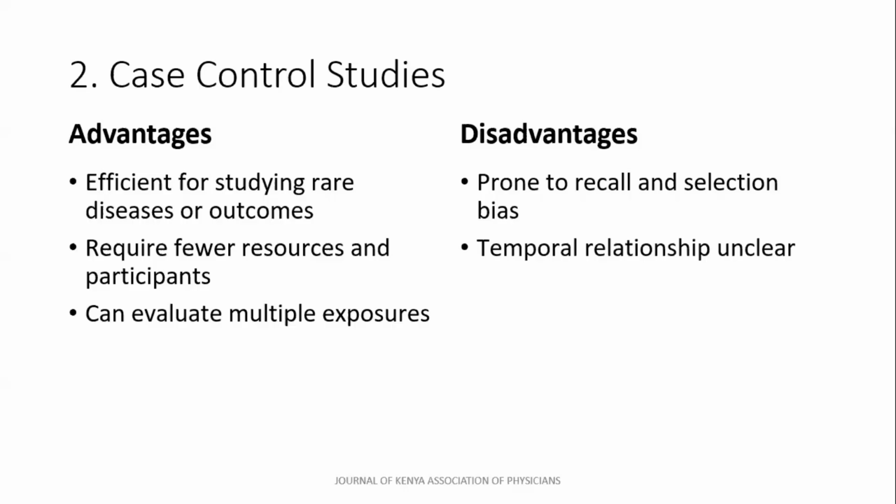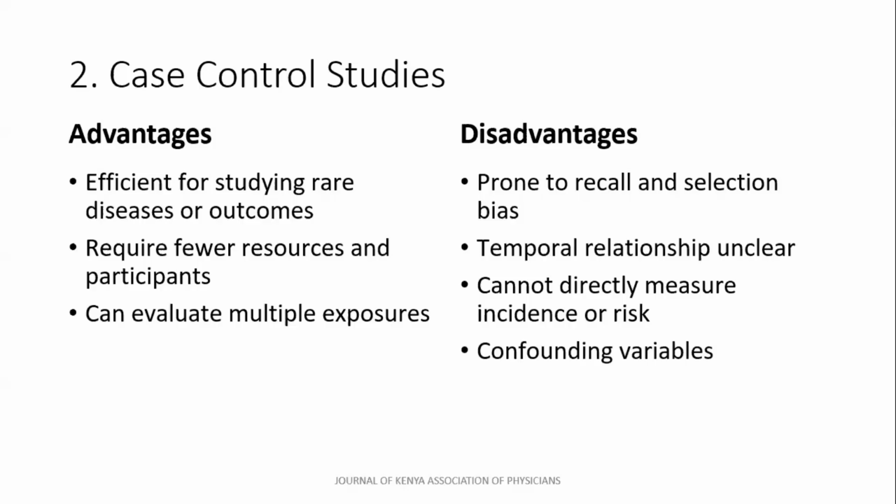And then we can also not directly measure incidence or relative risk. We can only do odds ratio. And most importantly, like many observational studies, we cannot account for many confounding variables. We can just find associations, not really causality.